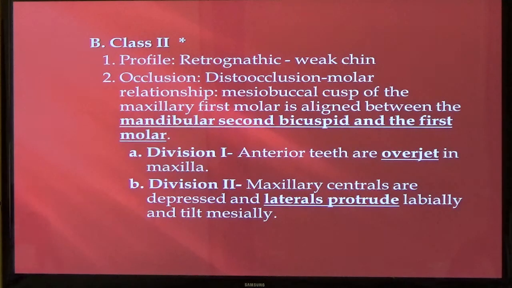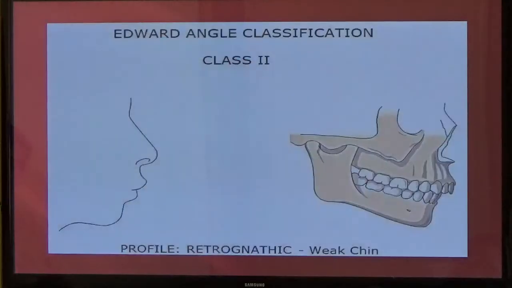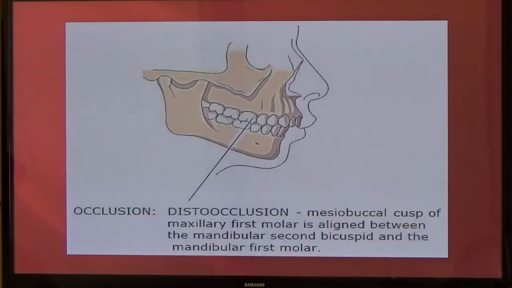So this is kind of me here. Between the eyes, the nose and the chin, you have this bigger curve, so that angle is going to be different. Retrognathic, weak chin, that's class 2.